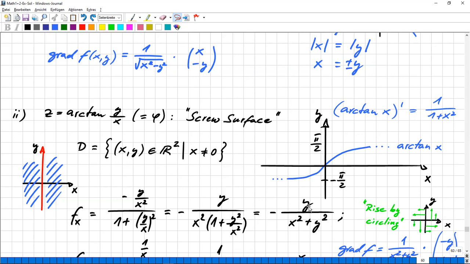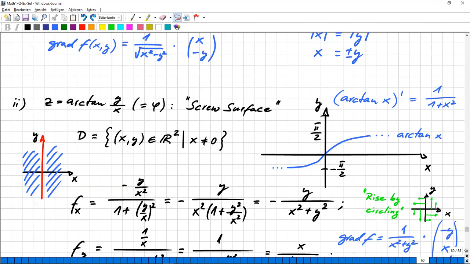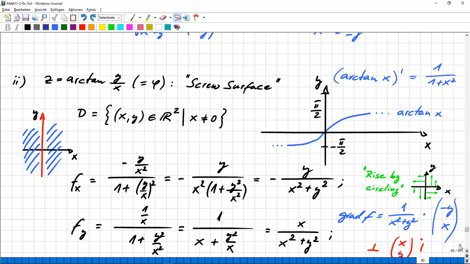Almost the same thing happens again. It looks quite different, but it turns out to be quite similar in the end when I differentiate with respect to y.